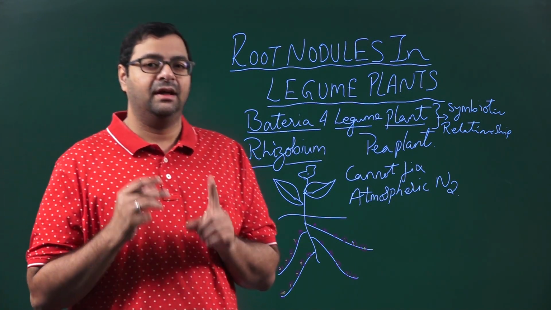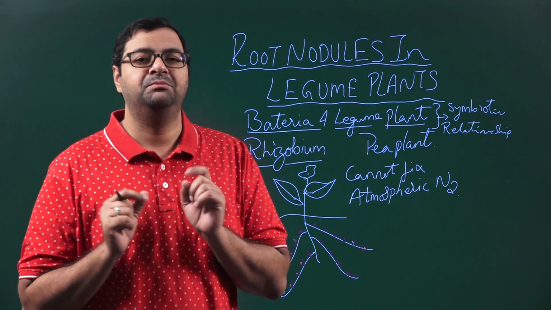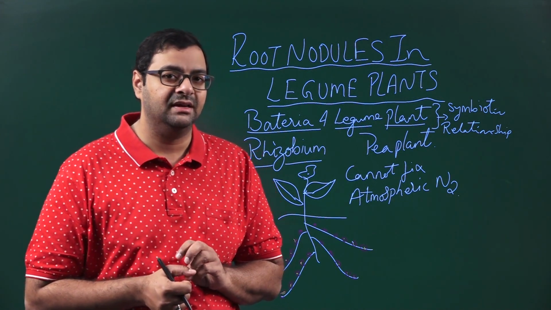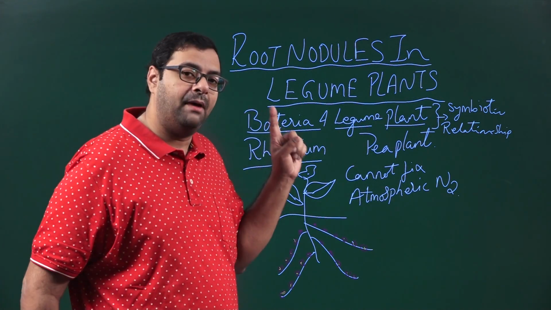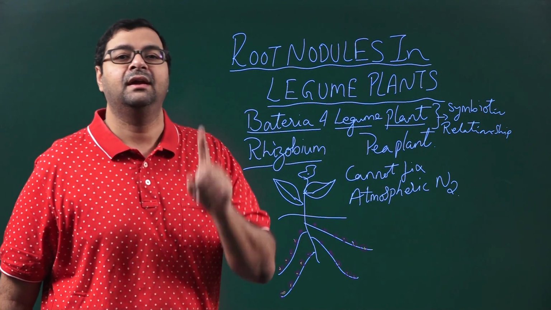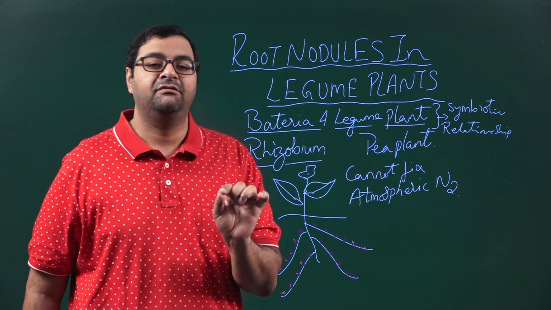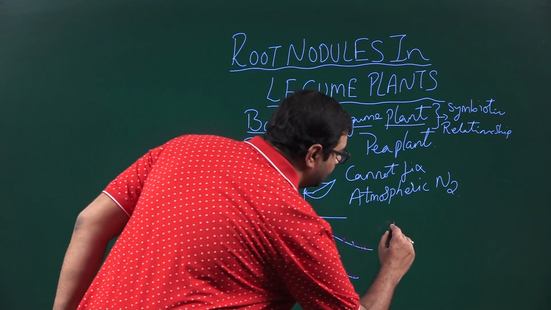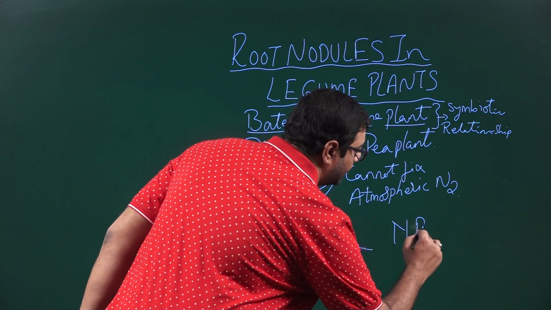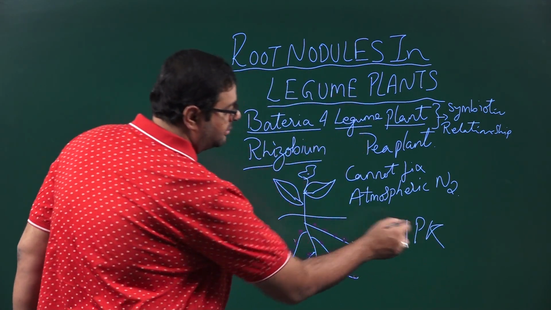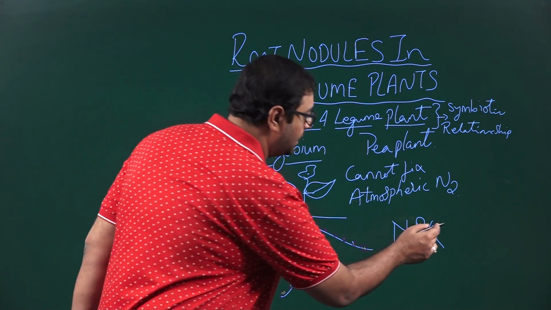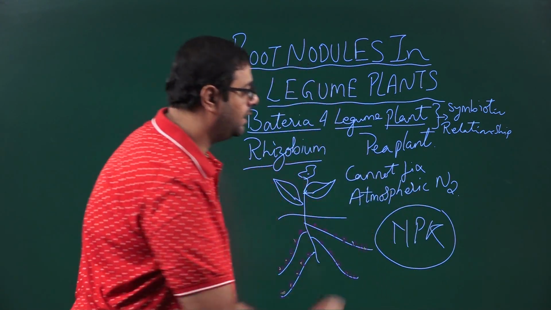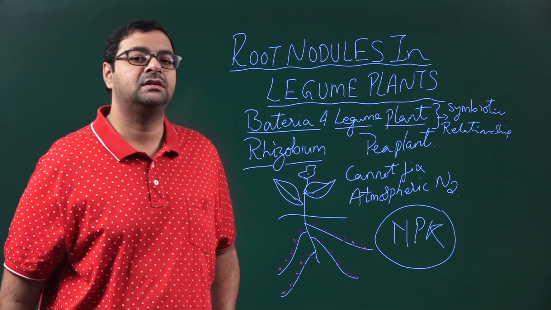Now the most important thing you need to understand here is that the bacteria can fix only nitrogen. It cannot fix phosphorus and potassium. I told you about NPK: nitrogen, phosphorus and potassium. These three are majorly required for the plant for its growth.